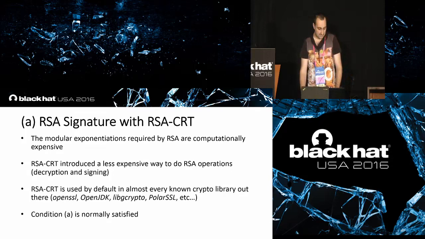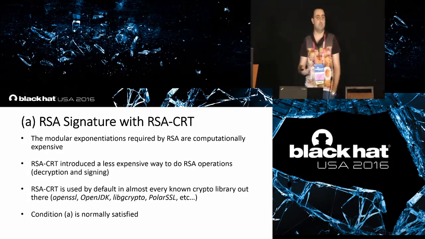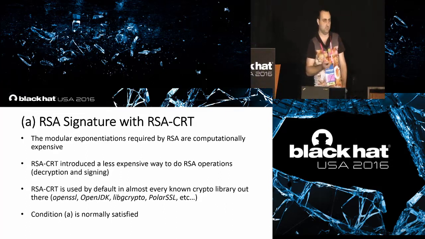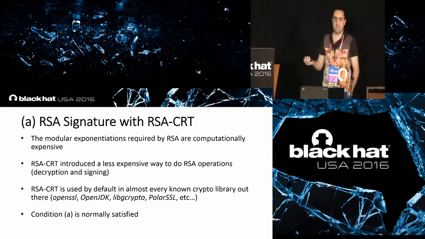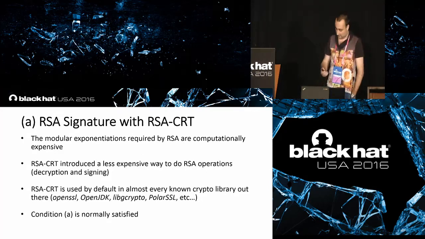I personally don't know a single crypto library out there that is not using RSA CRT for computing digital signatures. So we can say that this precondition is always satisfied.